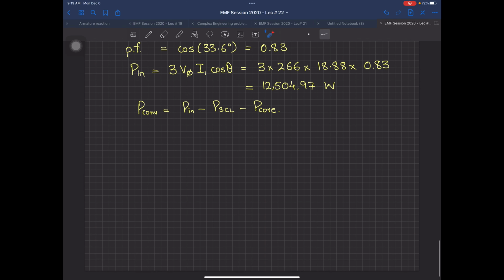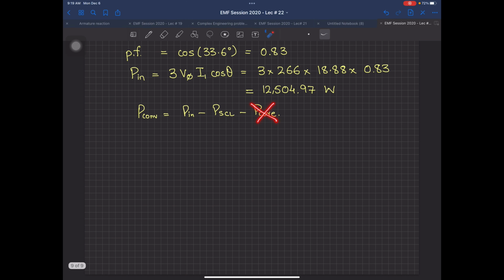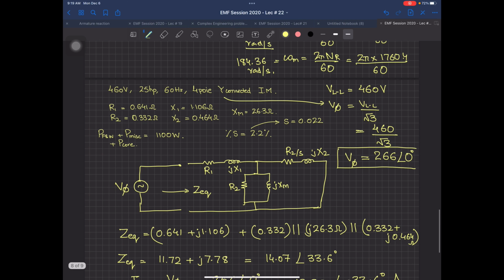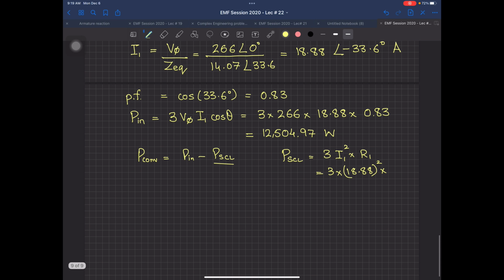So in this formula you are not going to have this P core. But I still need to find out stator copper losses. So P SCL will be equal to 3 I1 square into R1. What is my I1? I already know it. This is 18.88 whole square multiplied by R1. I can go back. This is 0.641. Please give me the answer.